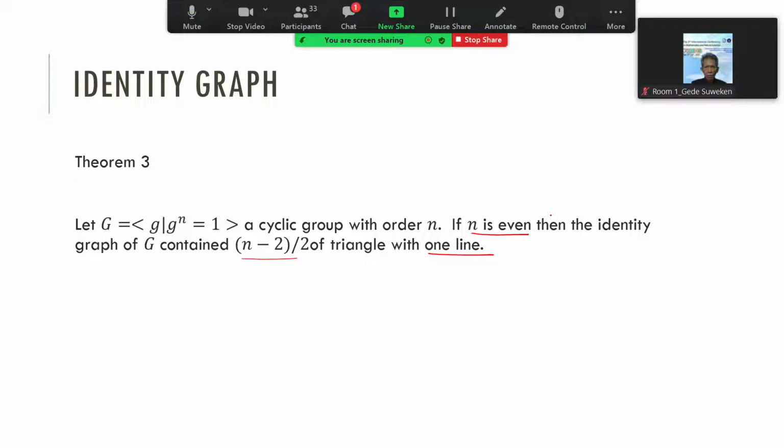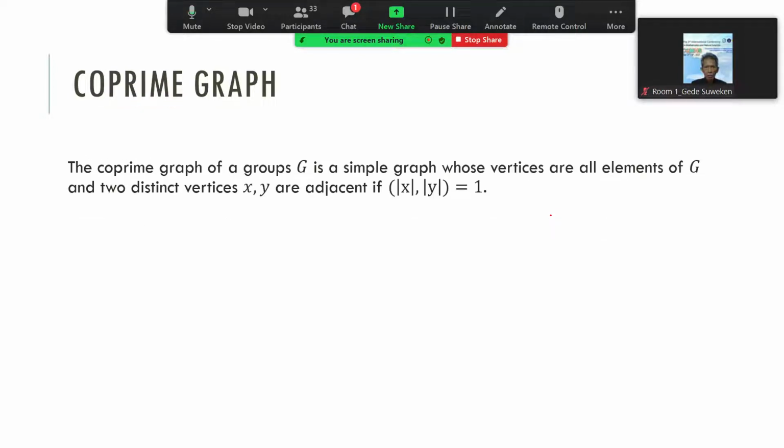And we will move on to the second graph, the coprime graph. In this graph, if we have a group G, the coprime graph of G is a simple graph whose vertices are all elements of G, and two distinct vertices X and Y are adjacent if the order of X and the order of Y are relatively prime.